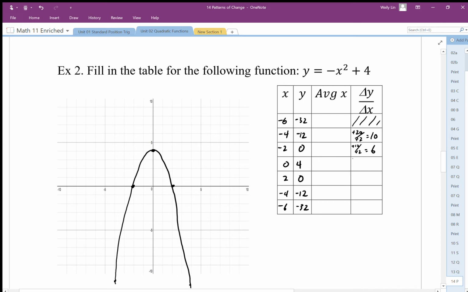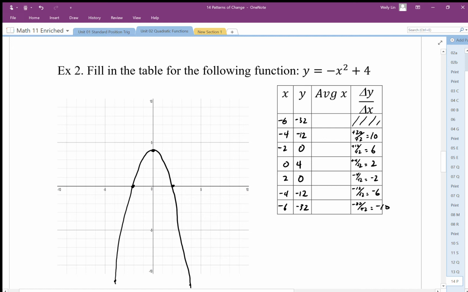This is going to be 0 to 4. 0 to 4 is plus 4 over plus 2, so it's going to be equal to 2. And then we end up with minus 4 over plus 2, negative 2, minus 12 over plus 2 is going to be minus 6, and minus 20 over plus 2 is going to give us negative 10.